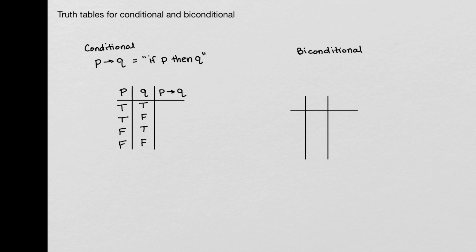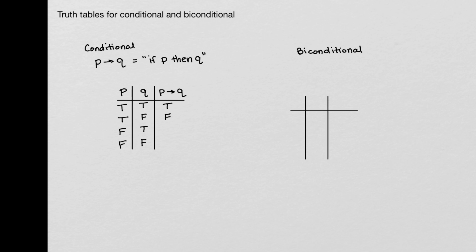Now with a conditional statement, there is only one way for a conditional statement to be false. So if we have if true, then false, that is going to be false. That is the only false within this particular type of statement. Everything else is true. Truth leads to truth. That makes sense.